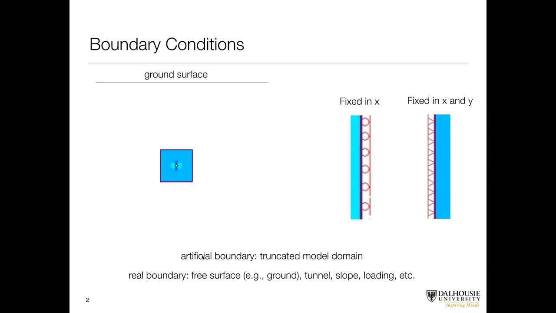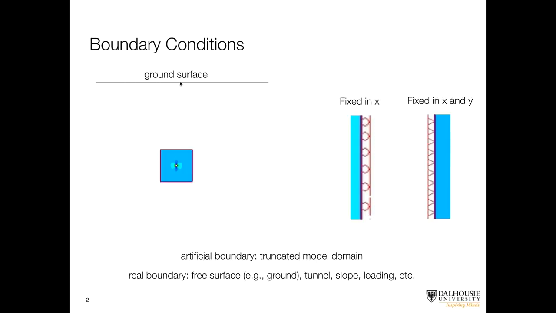Another thing to talk about at this point is the different types of boundaries. So we have artificial boundaries. In this case, we're arbitrarily selecting a boundary just so that we can constrain the size of our model to something suitable. But there are also real boundaries, such as free surfaces.